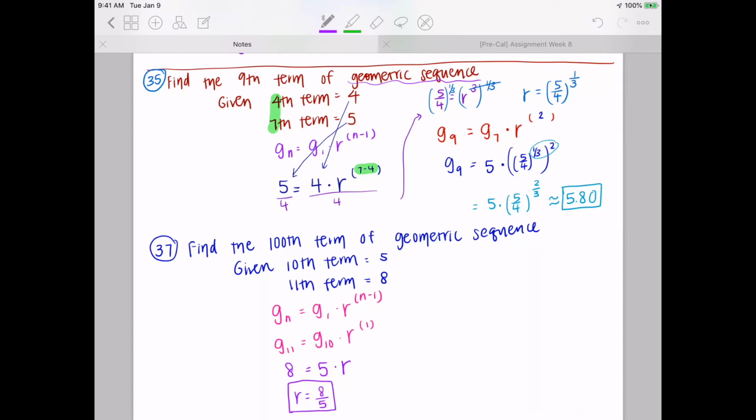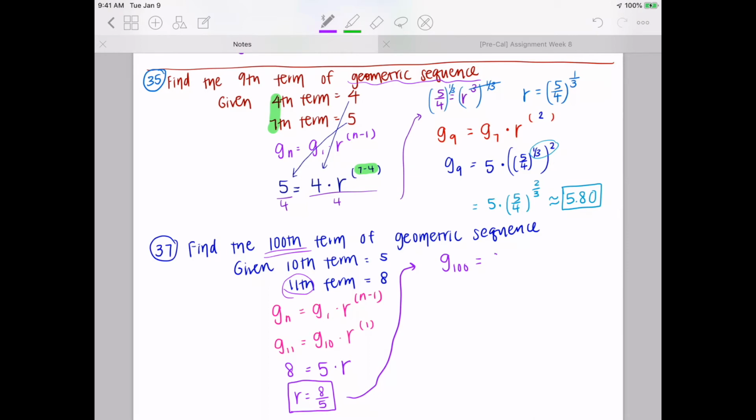We've got our r ready to go, and we're going to substitute it back in to find the 100th term. So G sub 100, and the closest term to the 100th that we know is just the 11th term, right?